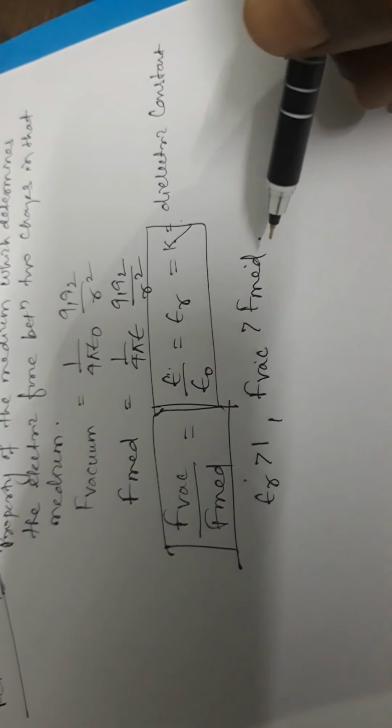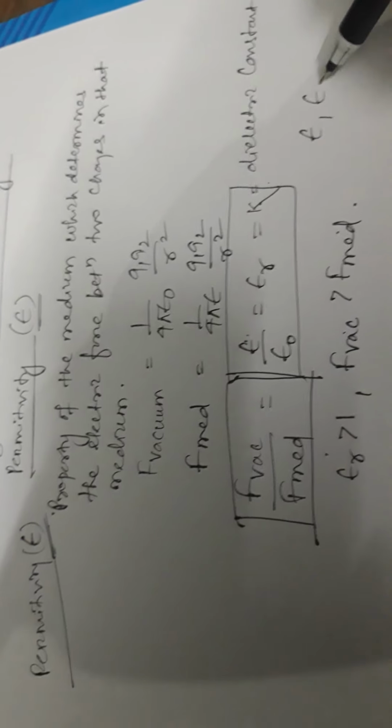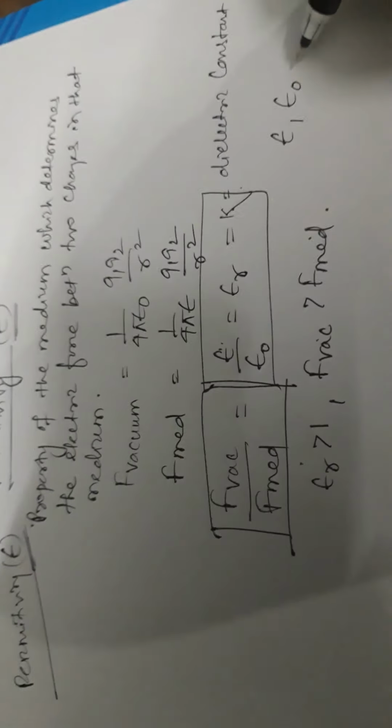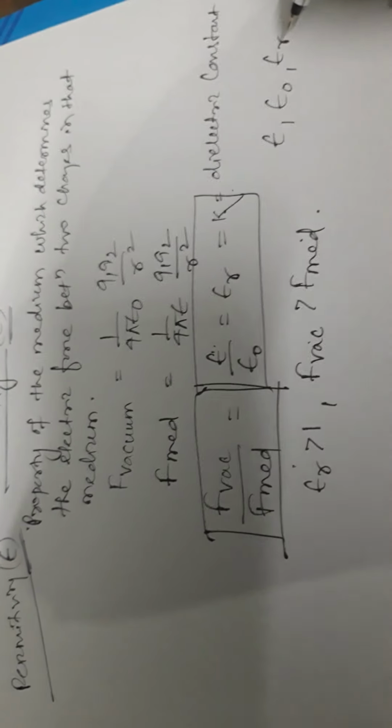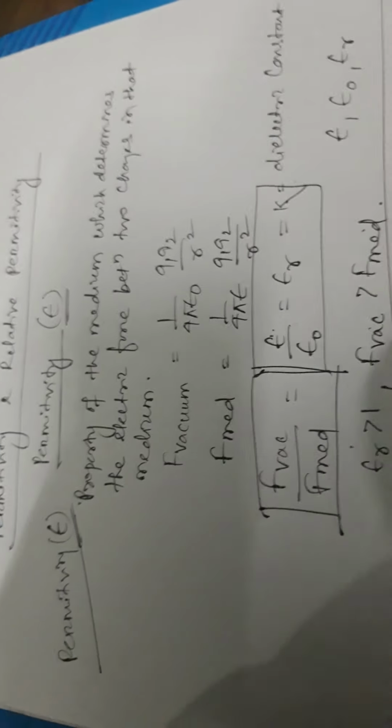Now epsilon is called the permittivity of the medium, epsilon naught is called the absolute permittivity or the permittivity of free space, and epsilon r is the relative permittivity. Okay. Fine.